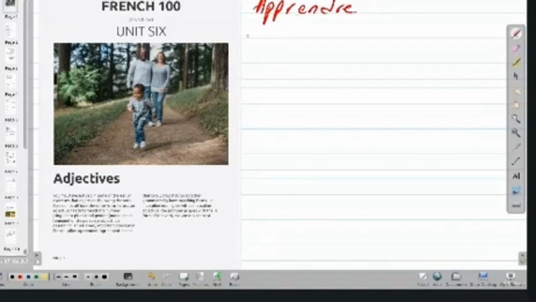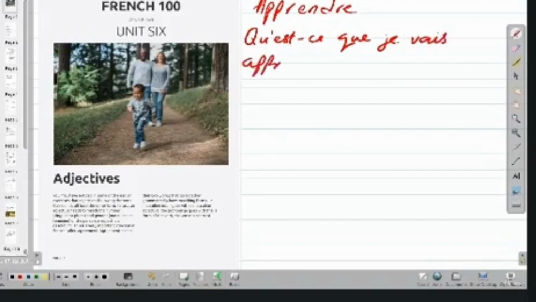So every time I start a new unit, you are going to be asking me, qu'est-ce que je vais apprendre dans cette unité? Qu'est-ce que, what? Qu'est-ce que je vais?